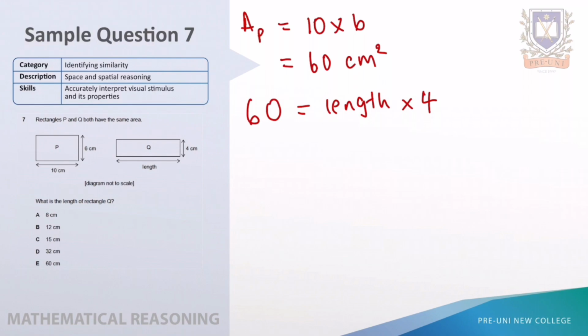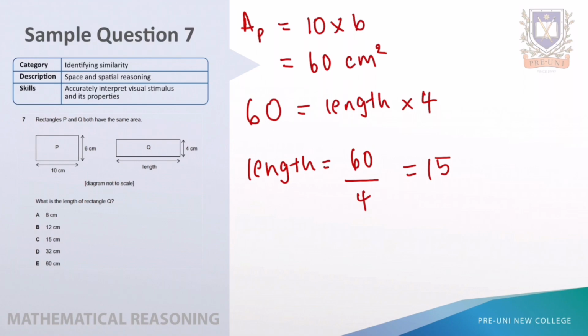So we just have to divide 60 by 4 because we want to bring length to its own side. So we can write length is equal to 60 divided by 4, which is equal to 15.